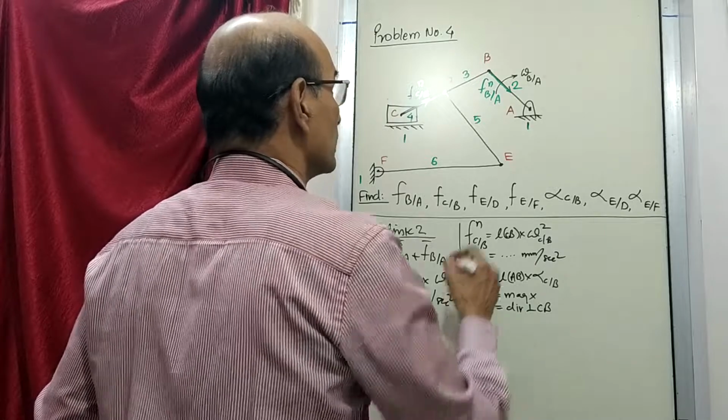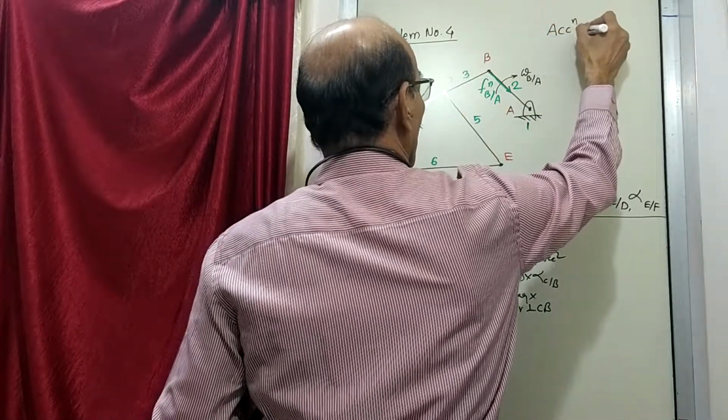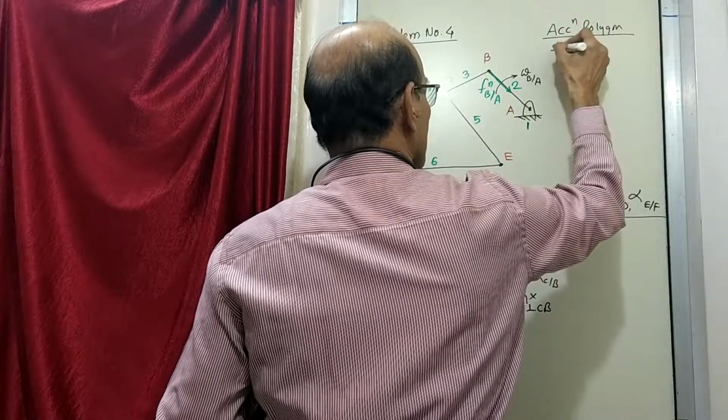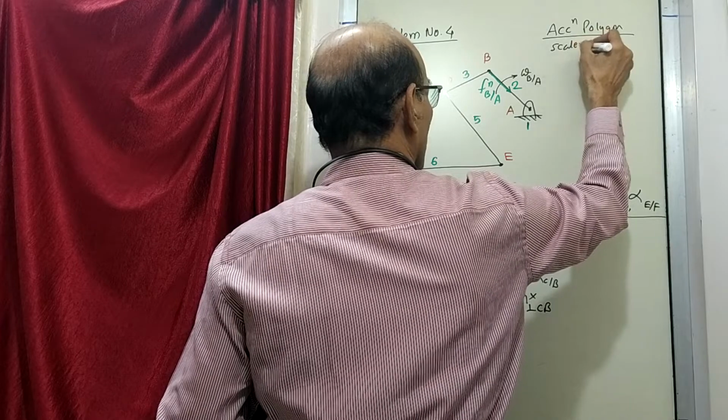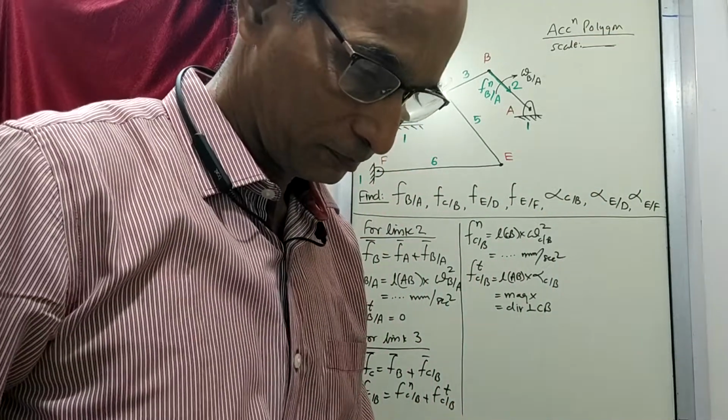Now at this stage, let us try to draw the polygon. So I will start here, acceleration polygon. So set some scale here, suitable scale, and then we start with a point.